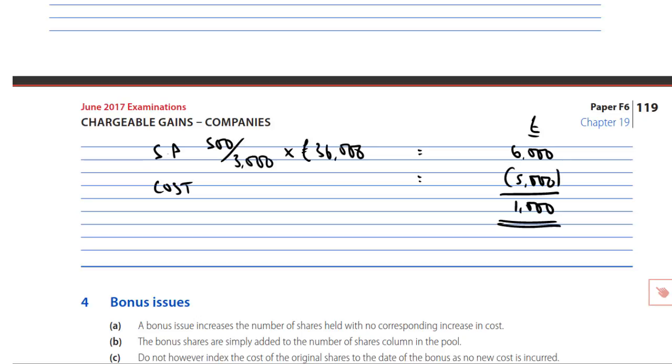We put it back on the question page, hadn't we? So the two combined together, £1,000 here, and out of your share pool, £3,266, then the total gain made on the disposal of the full 3,000 shares sold will be £4,266.